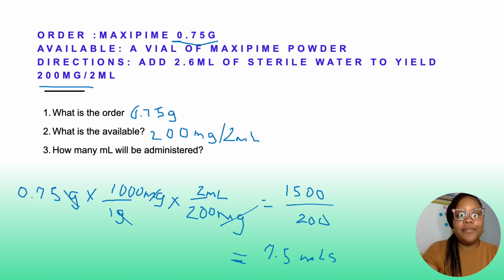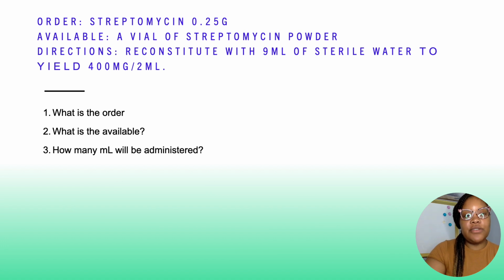Let's try another one. This question says the order is for streptomycin 0.25 grams. Available is a vial of streptomycin powder. Direction is to reconstitute with 9 mLs of sterile water to yield 400 mgs per 2 mLs. So first we start with our order, 0.25 grams.